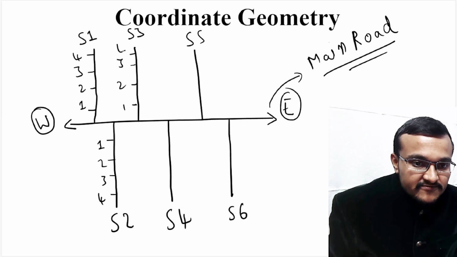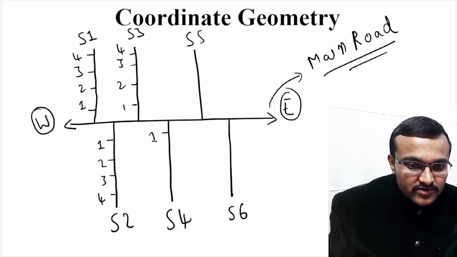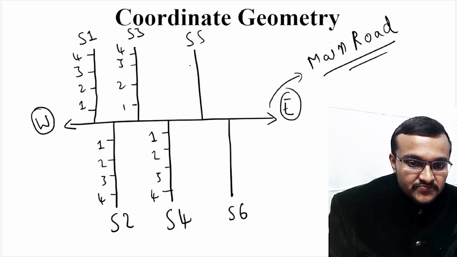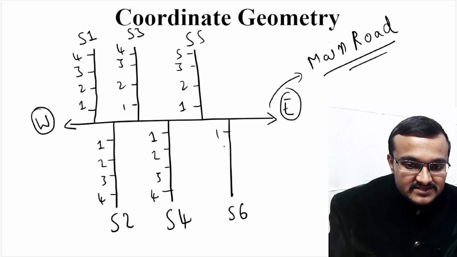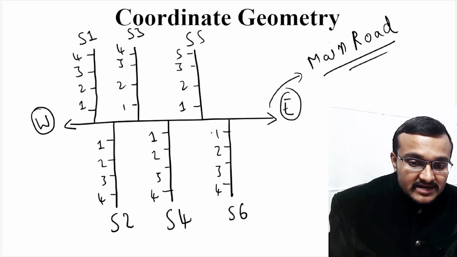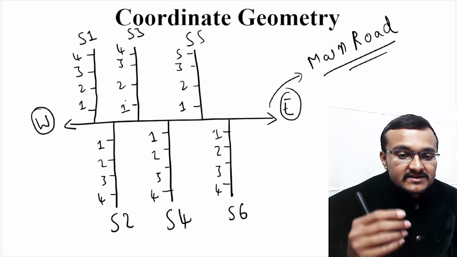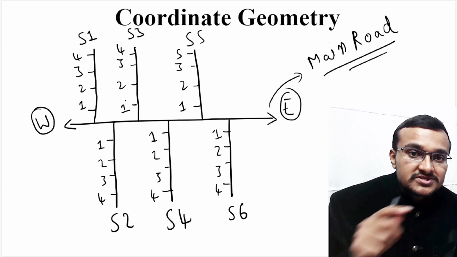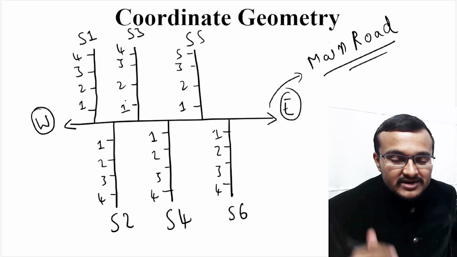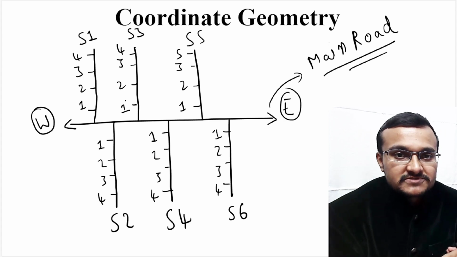And also in street 4 you have 1, 2, 3, and 4. Even in street 5 and in street 6 you have 1, 2, 3, 4. So that means in each crossroad you have 4 different houses, and you have 6 crossroads, and you have one common main road for all 6 crossroads.